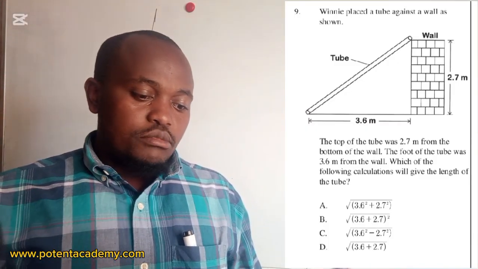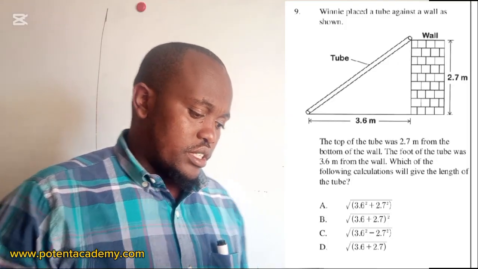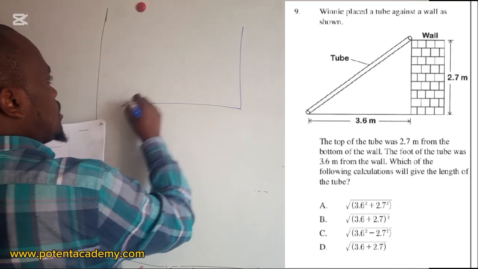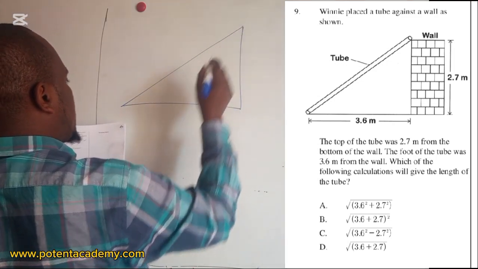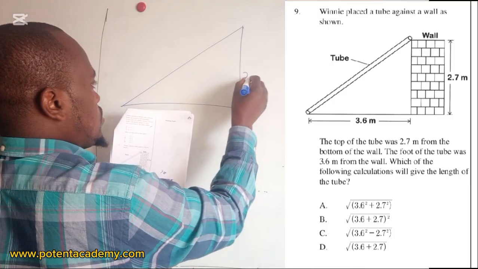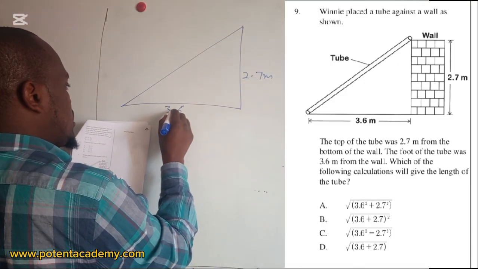Winnie placed a tube against a wall as shown. The top of the tube was, so you are given something like this. I know when I draw here, you might relate it better. So this is 2.7 meters, this is 3.6.